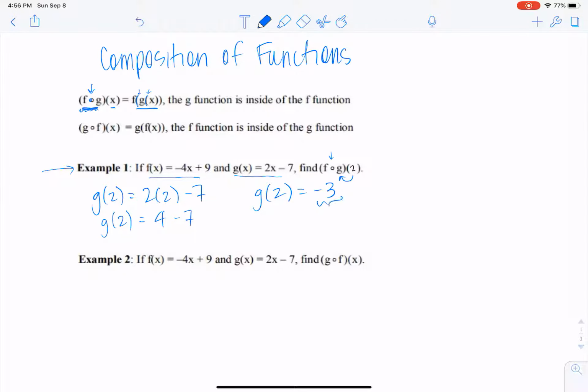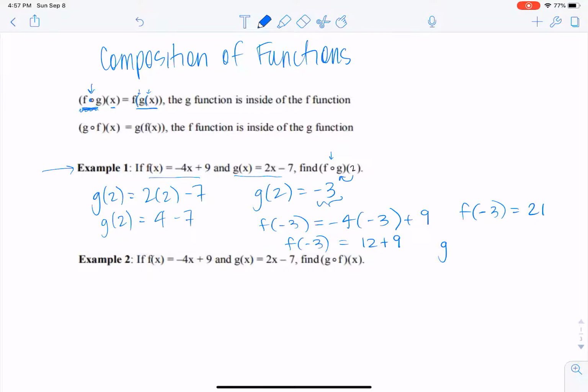I'm now going to take this negative 3 and plug it into my f function. So negative 4 times negative 3 plus 9. So f of negative 3 is positive 12 plus 9, which will give me 21.